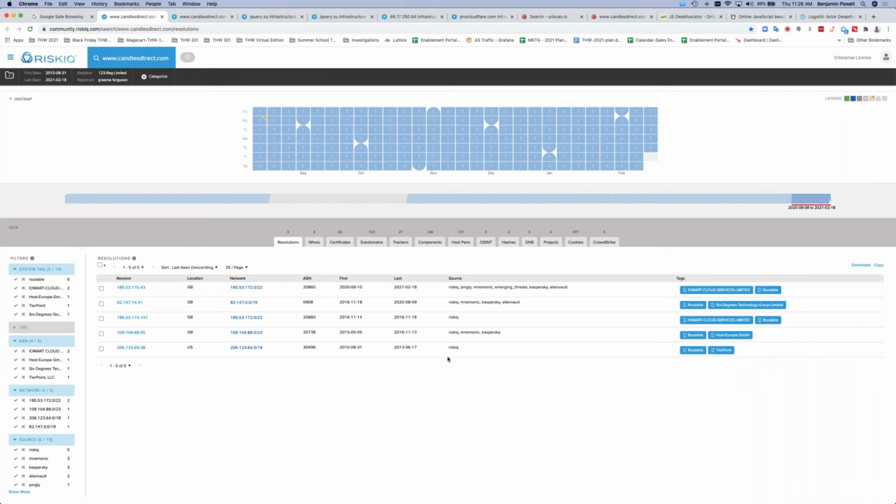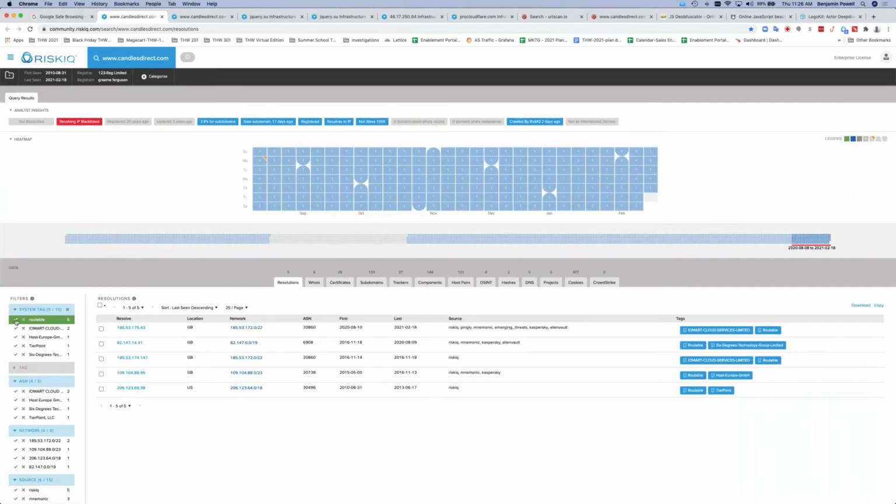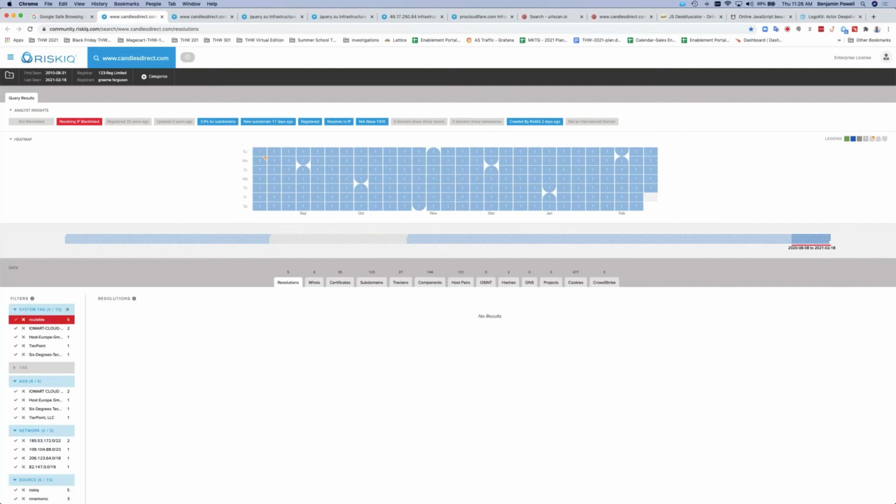So you can see, for example, this one IP is in Great Britain, and you can see all the different organizations that saw that IP address on that domain during this time period, when it was first seen and last seen. And over here on the filters, if I click on the green checkbox, this little checkbox here, it turns green, and that will filter to show those things. If I didn't want to see something, I can click on the X and it will be removed from the list.